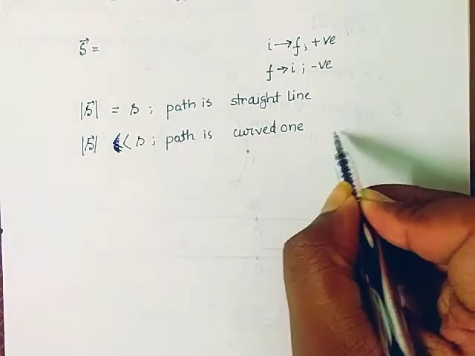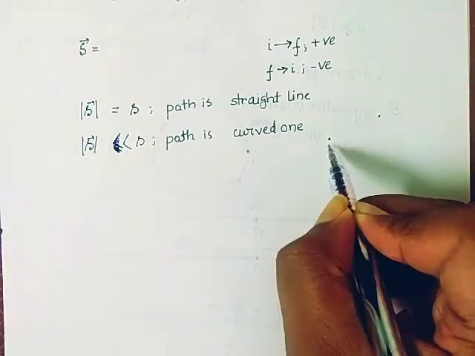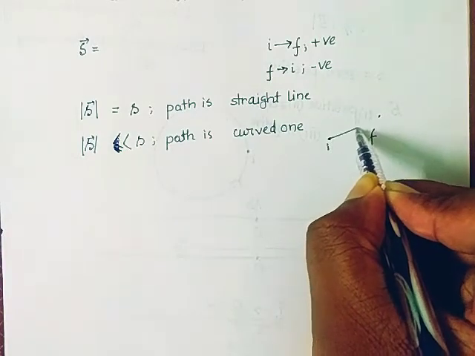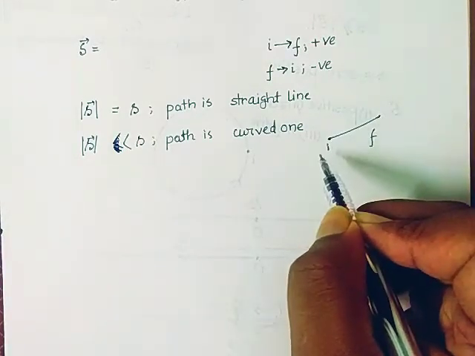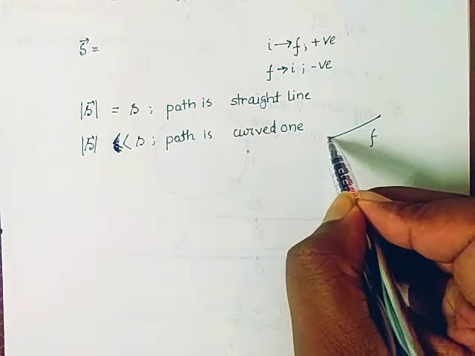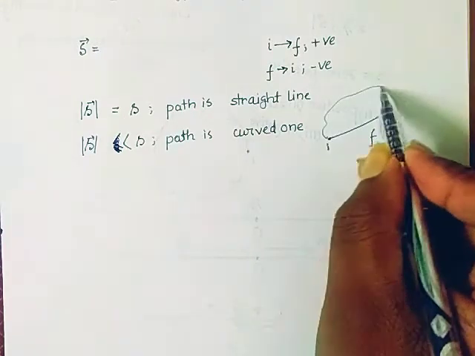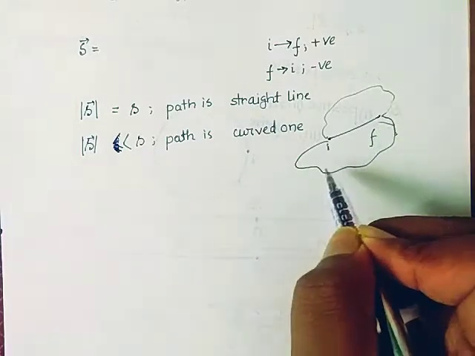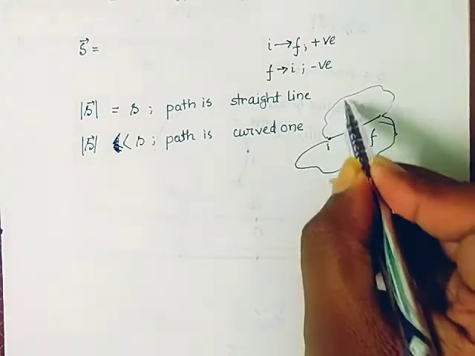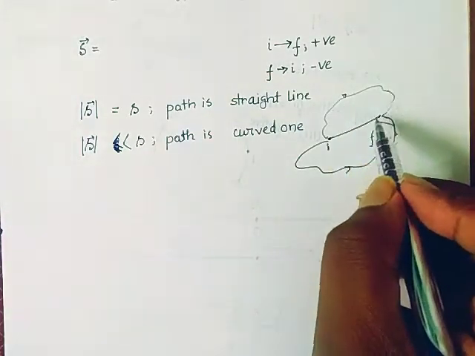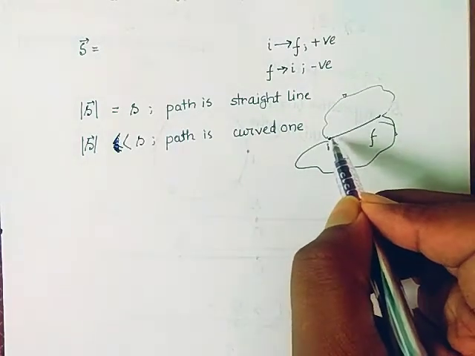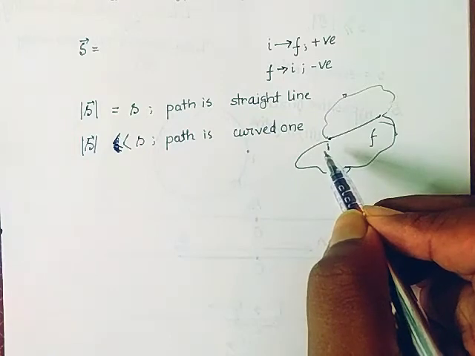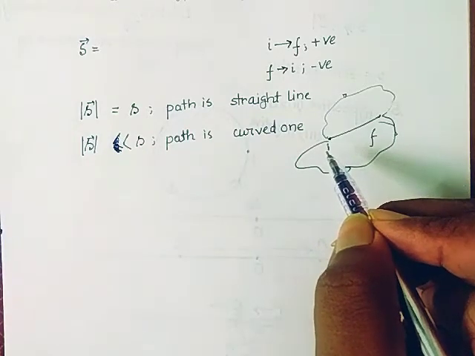If this is the initial point and this is the final point, the minimum distance between them can be drawn using a straight line. But any curve you can draw from here to here, this path or this path, these basically refer to the distance, but displacement always remains the same.